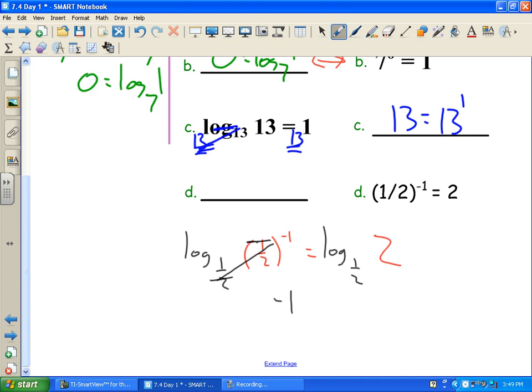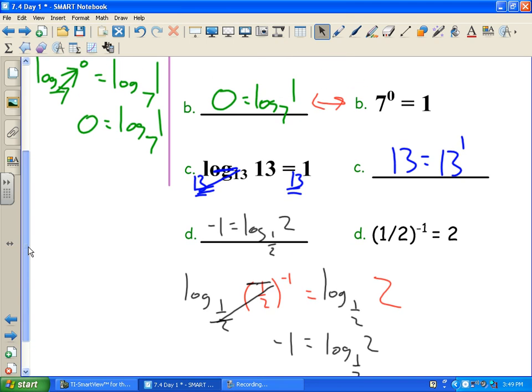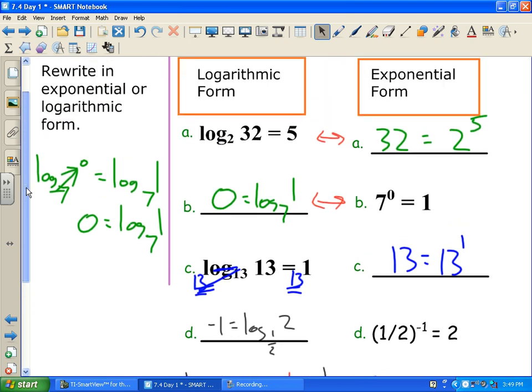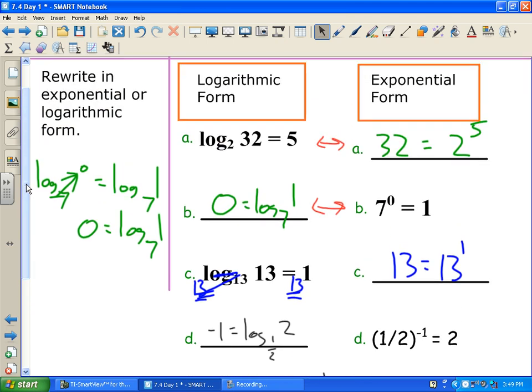That gives me -1 equals log base 1/2 of 2. Once again, -1 equals log base 1/2 of 2. And that's really how it goes. Pretty straightforward stuff. Just make sure you're comfortable with the movement.